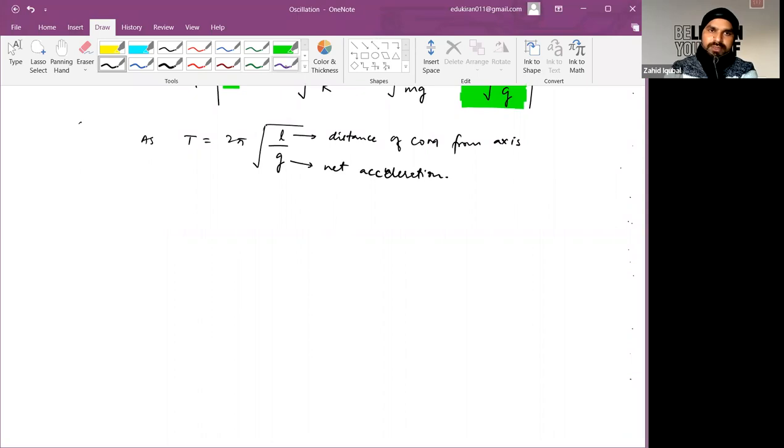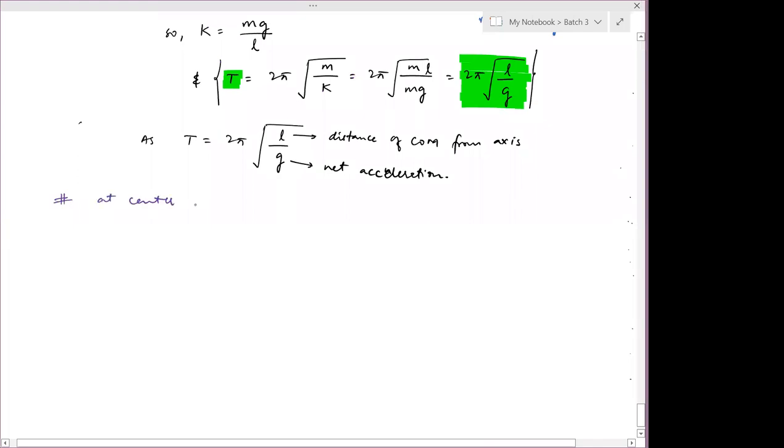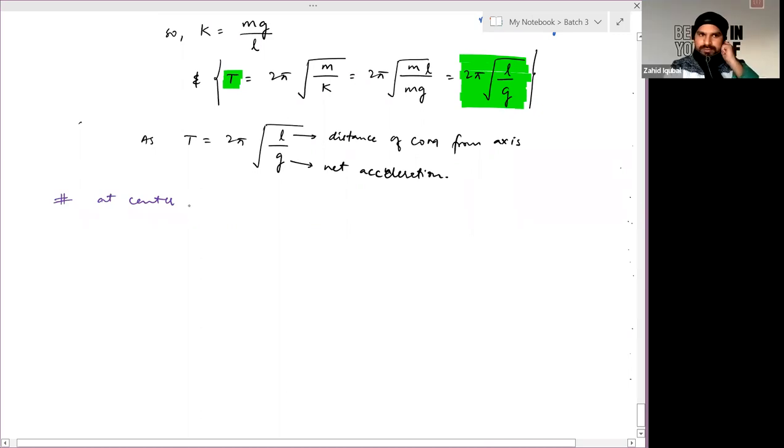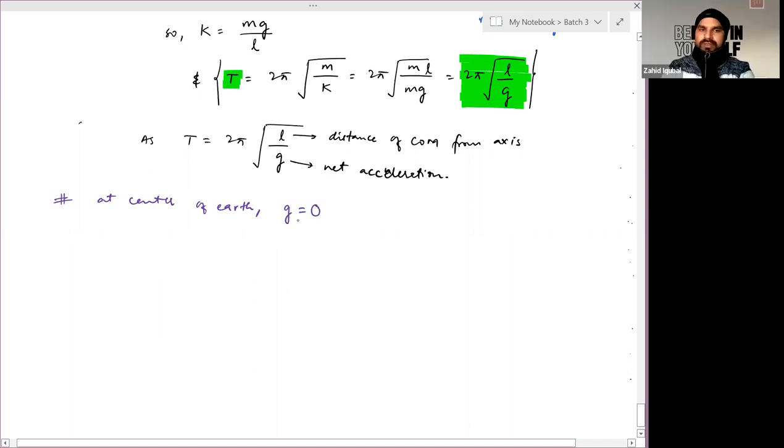Atif, any idea about it? Not sure. It is 0. Okay, so if you put the value of g as 0 in the above expression, what will you get for the time period, 0 or something else?